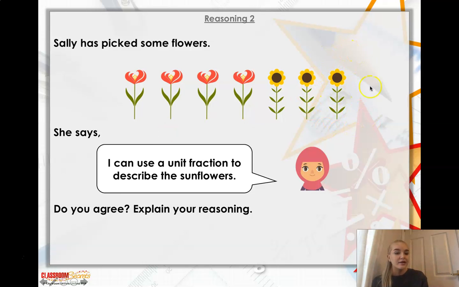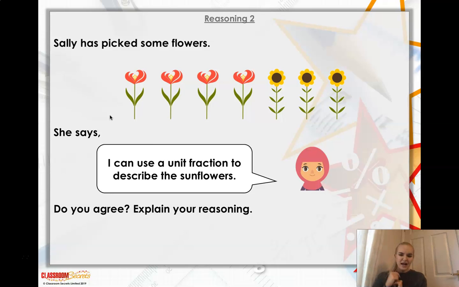My sunflowers are the ones with yellow petals. Now I've got 3 out of how many? How many flowers do I have altogether, including the second type of flower? That's right, I have 7 flowers altogether. So my fraction to describe the sunflowers would be 3/7. I have got 3 sunflowers out of 7.